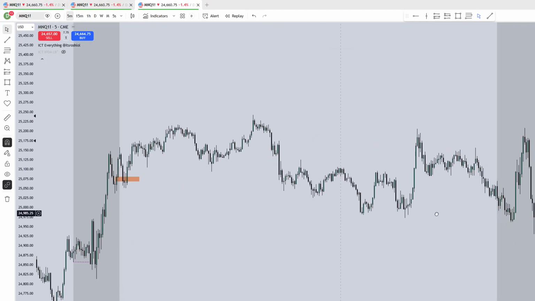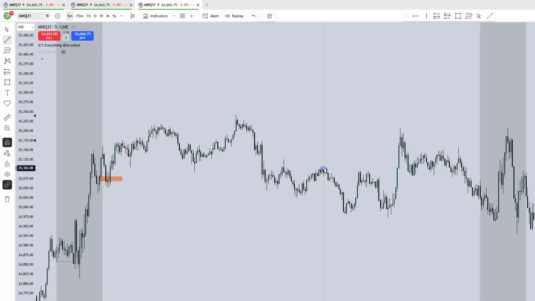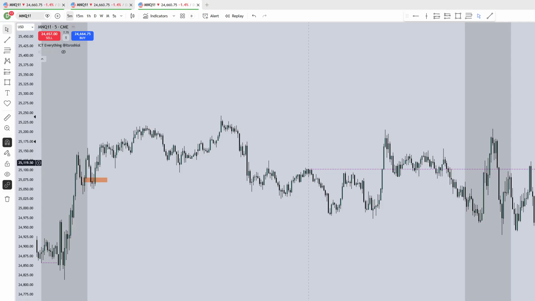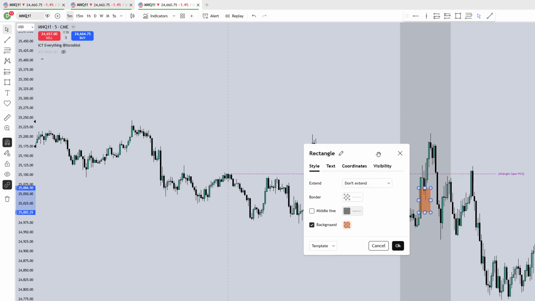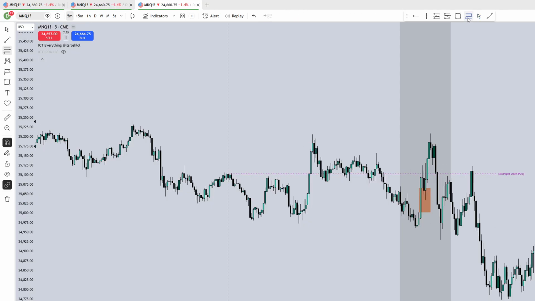Then Thursday, same thing, midnight. Nothing during pre-market. 9:30, boom. We had this big fair value gap, so when there's a big fair value gap, you can use the OTE entry.